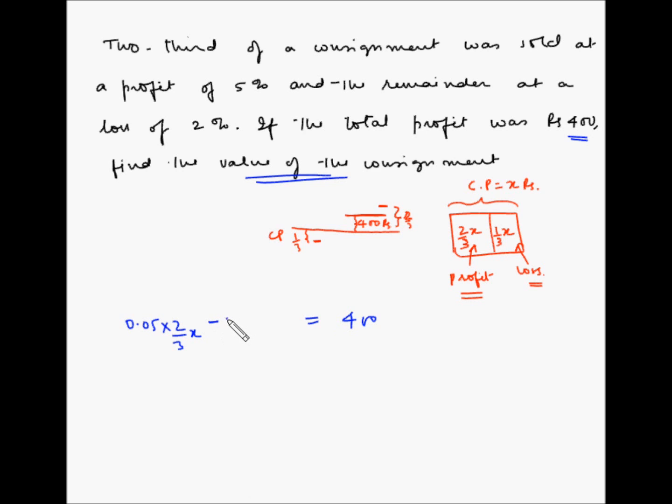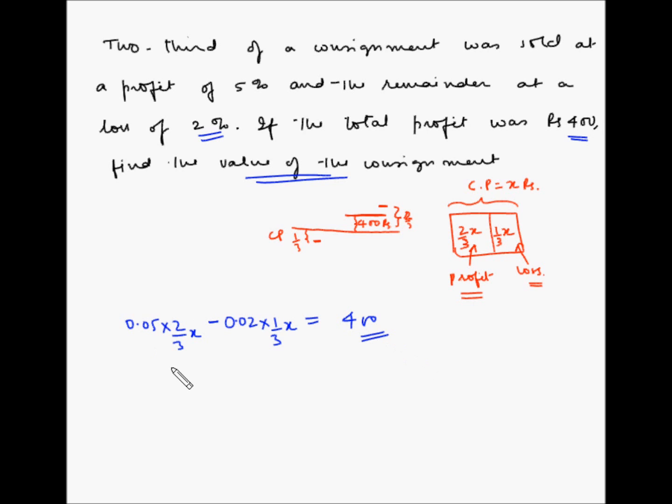So loss is 0.02 because it is 2%, multiplied by 1/3 of X, because this is the 1/3 portion that we sold at a loss. And the overall equation equates to the profit, which is 400 rupees.